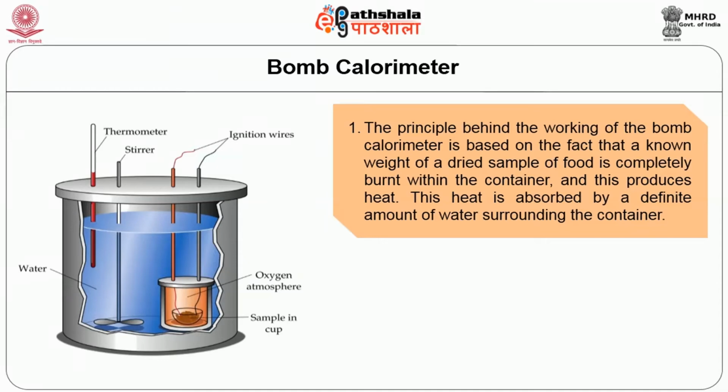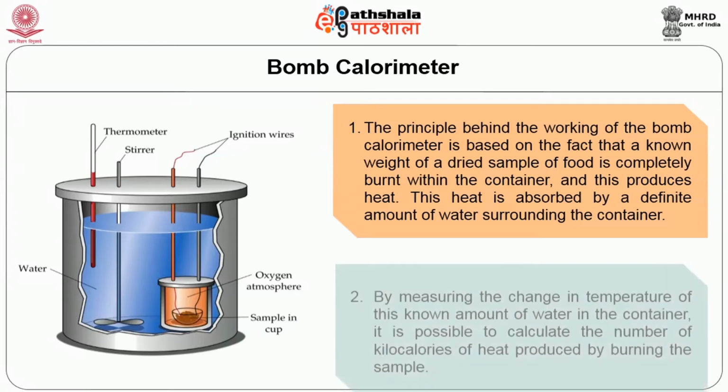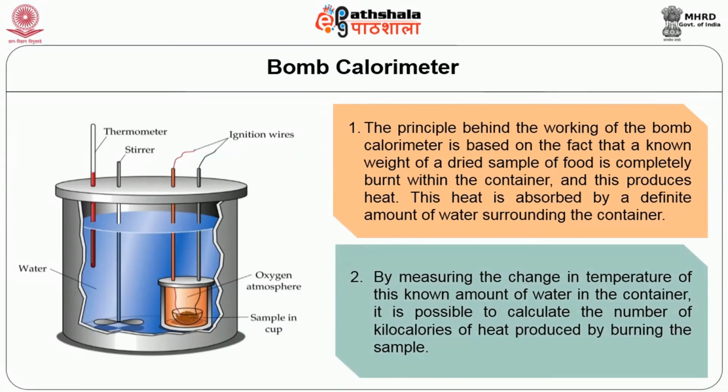This heat is absorbed by a definite amount of water surrounding the container. By measuring the change in the temperature of this known amount of water in the container, it is possible to calculate the number of kilocalories of heat produced by burning the sample.